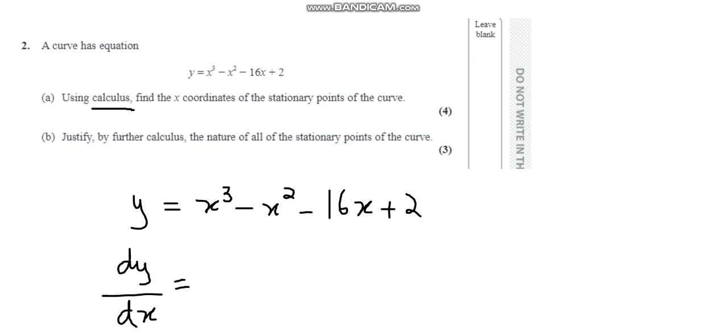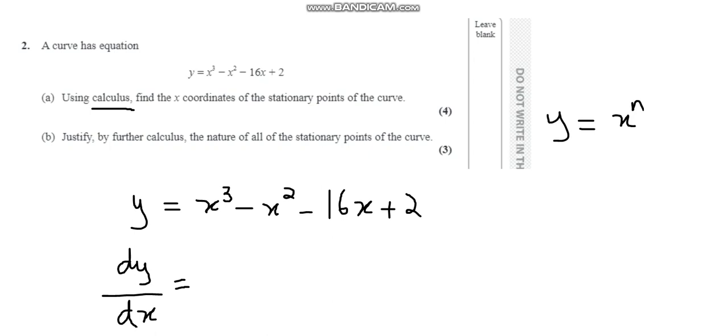So our first differential, for x to the power cube, will be... if someone doesn't know how to differentiate a function, let me take the example y is equal to x to the power n.